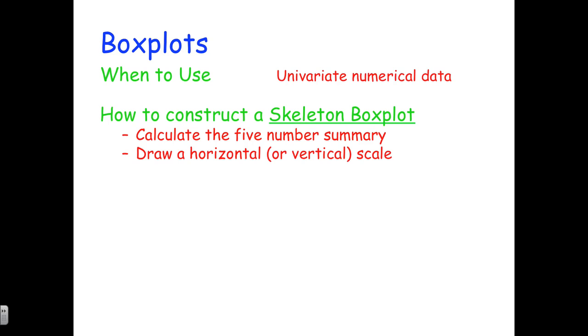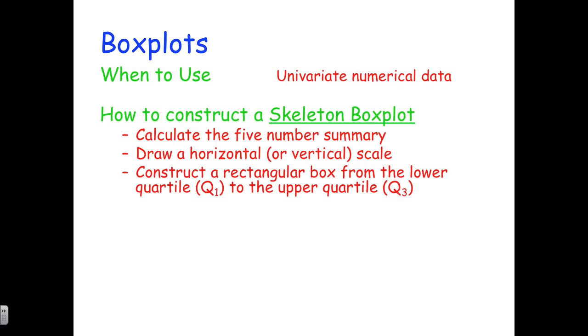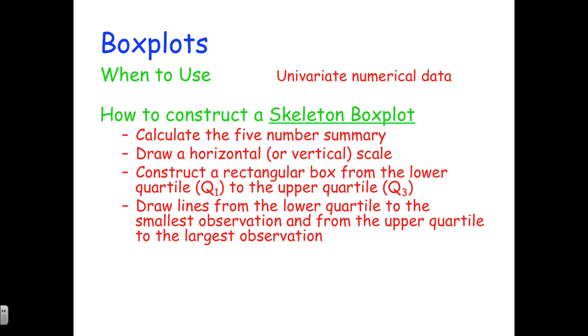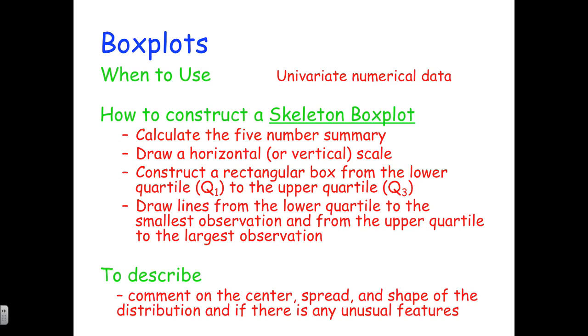Don't forget to label what it is you're graphing, so you label your axes. Construct your rectangular box from Q1 to Q3. Draw lines from Q1 back down to your min and from Q3 to your max. You should draw a line in for your median.